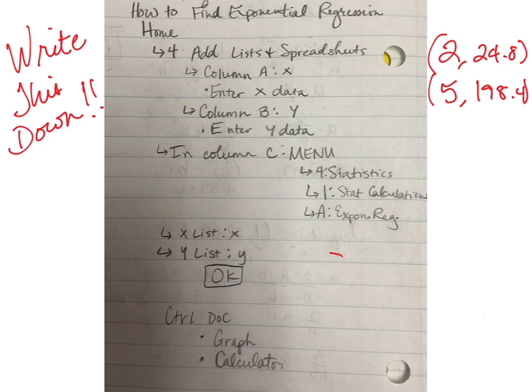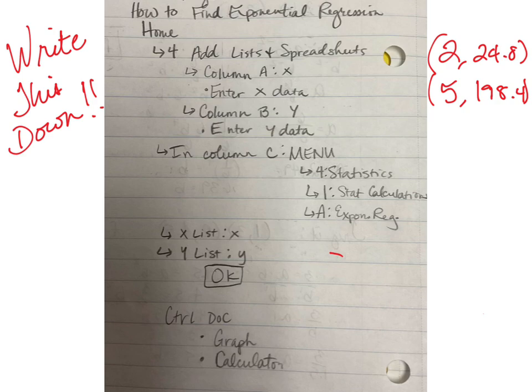Okay. In column X, you're going to put in your X data. So go down into row 1. Make sure you're sitting in row 1. In your X column, you're going to put the 2 and the 5. Row 1 and row 2. Yeah, and your X values.